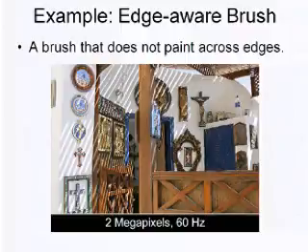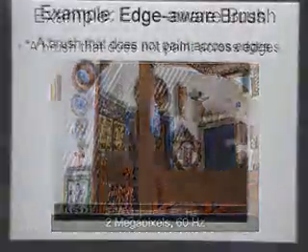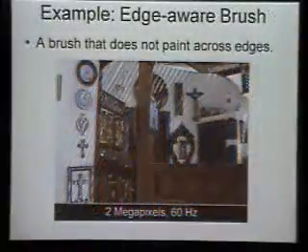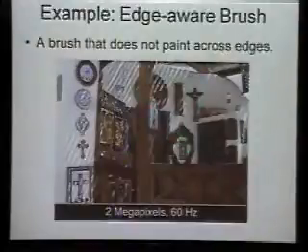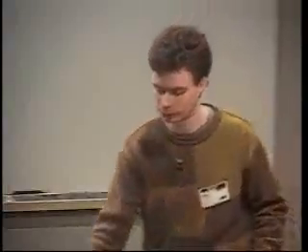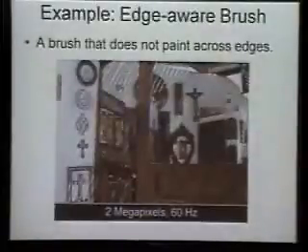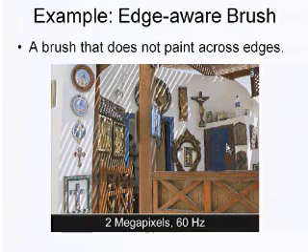And I will describe it on what we call an edge-aware brush. So an edge-aware brush is a brush that, very similar to what you do in Photoshop, you can brush anywhere, but the effect of the brush does not cross edges. So it looks like this. For instance, here we have a brush that changes colors. The user clicks and just changes the color of the door.